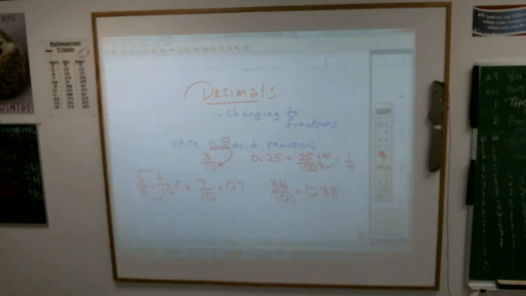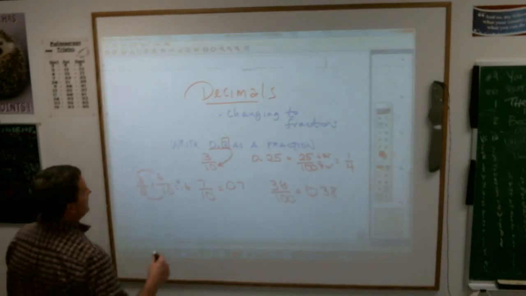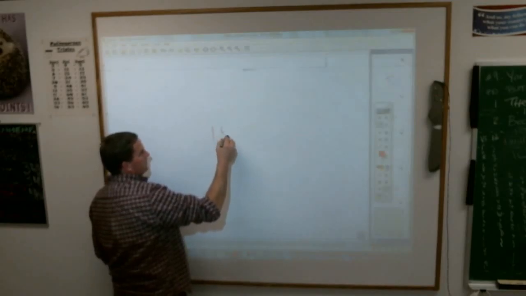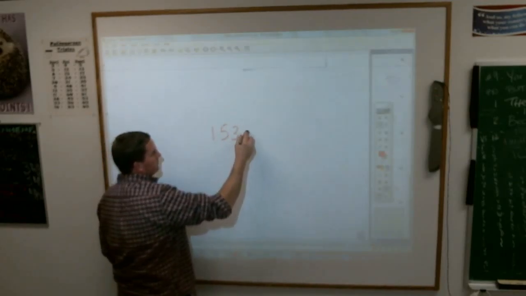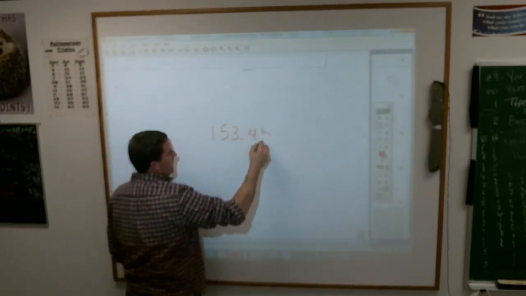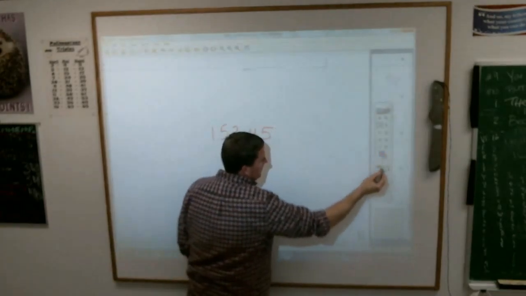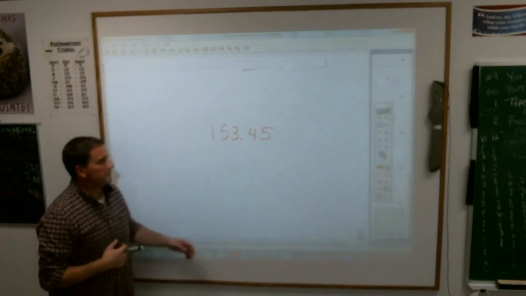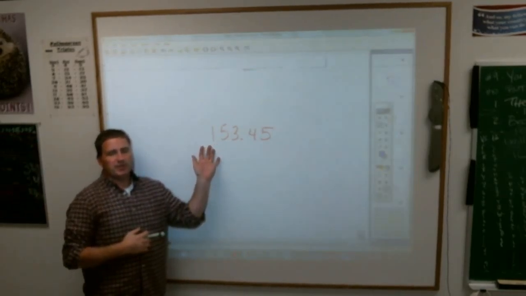All right, and then the other part of this is how to read decimal numbers, which I think you probably already know how to do, but let's talk about it anyways. How do I read and write something that looks like this? Let me read that number for me. Drew Norquist, how do I read this number? By writing it, I read and write it the same way.